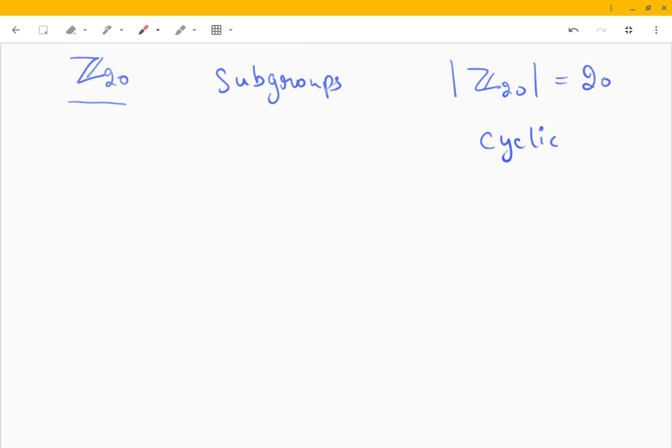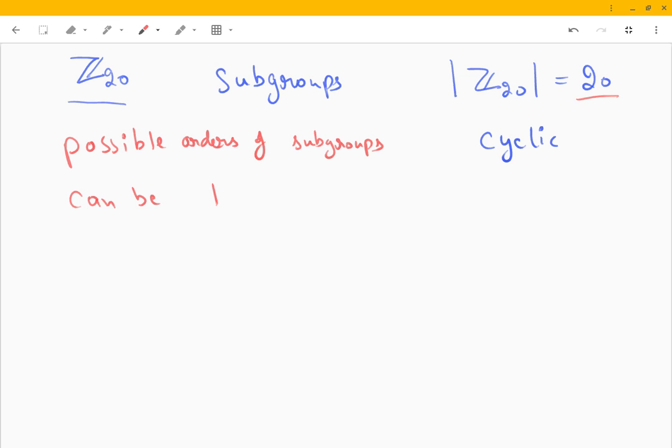See, this order is 20. That means the possible orders of subgroups can be divisors of 20.